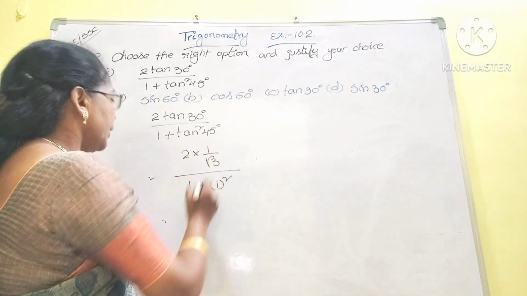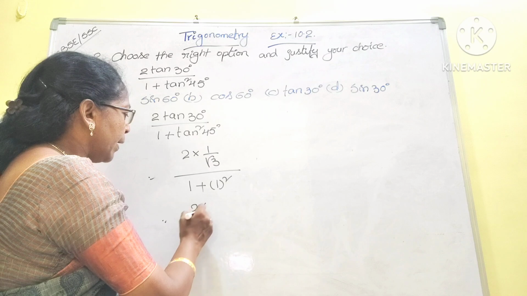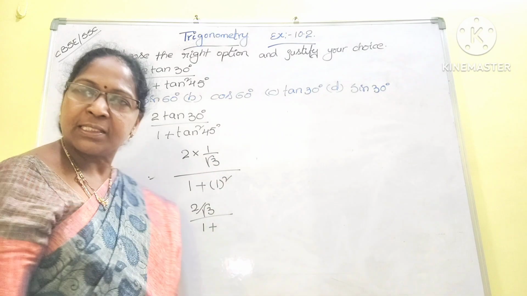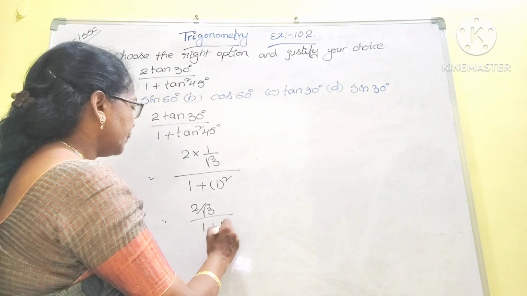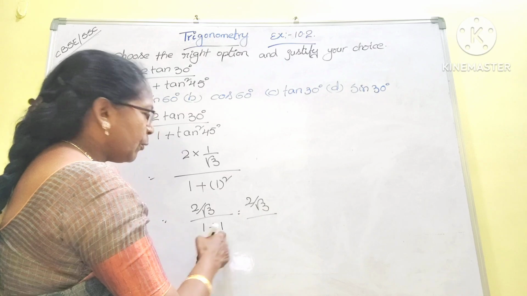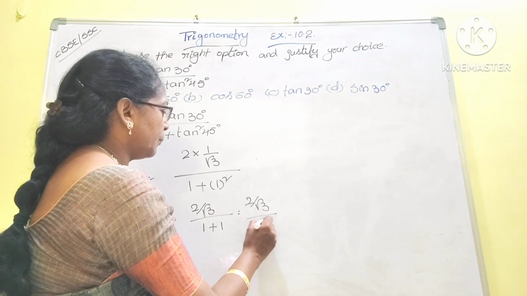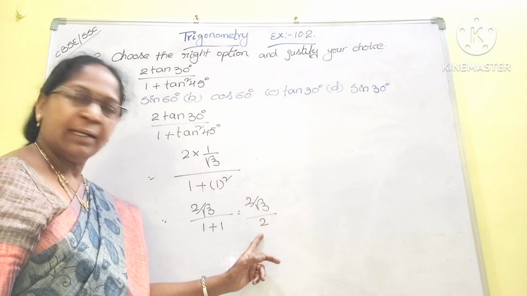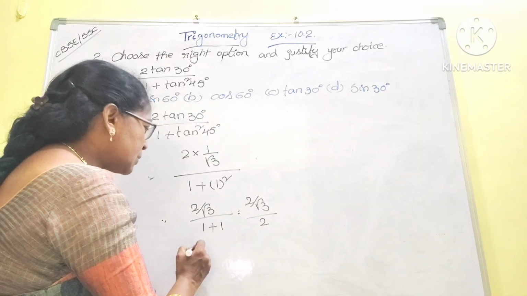Now, 2 into 1, 2 by root 3, divided by 1 plus 1 square, which is nothing but 1. Now 2 by root 3 divided by 1 plus 1 equals, here, in the numerator a fraction divided by a whole number. Now what is the procedure?